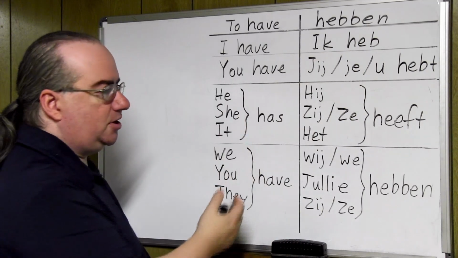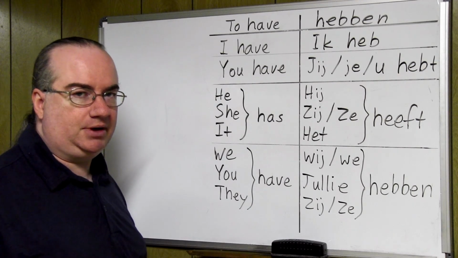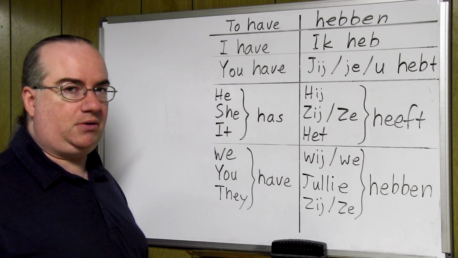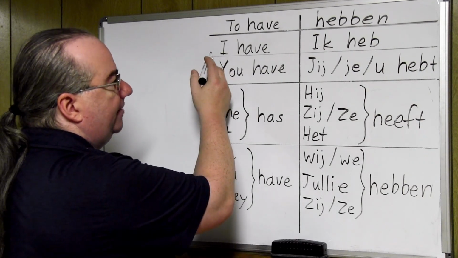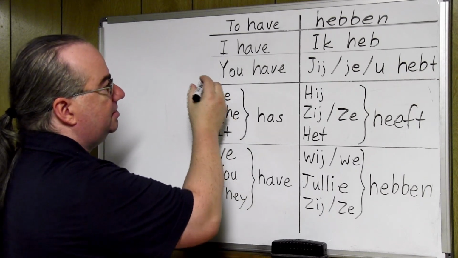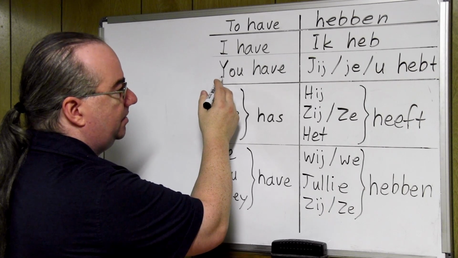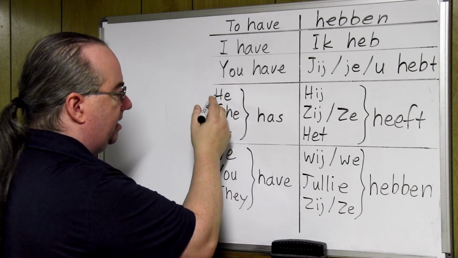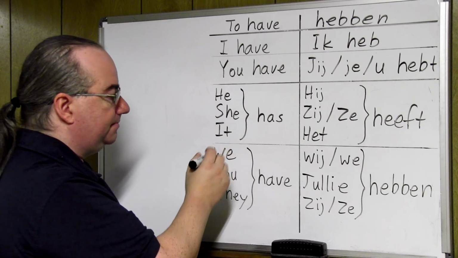So what do we actually call these? You'll hear some people say first person singular or second person plural or something like that. So what does that mean? Up here on the top, we have I have. The I form is the first person singular. And then here we have the second person singular, the you form. And the he, she, and it form is the third person singular.